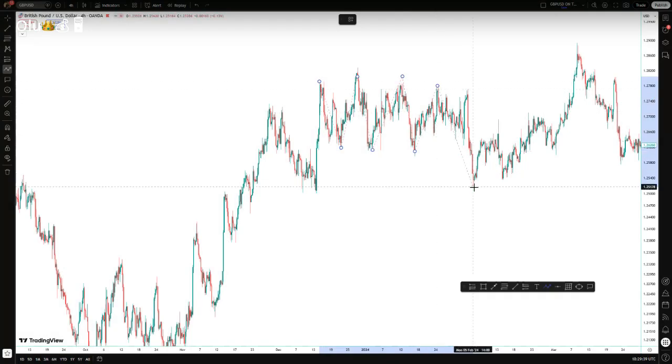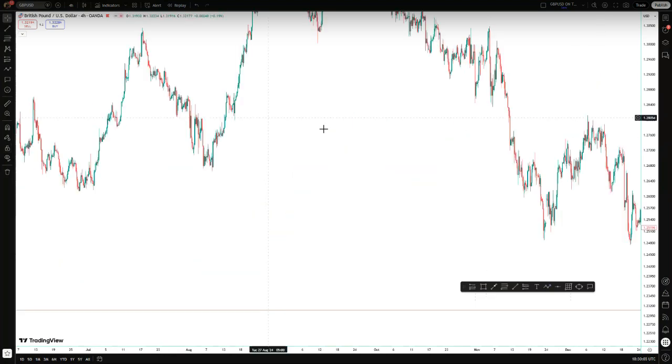In fact, it even came here to this point before it finally broke out. Here is a ranging market. It didn't know what is going on. It didn't understand itself. So now that is that about a ranging market. You see, it was just going sideways from this point to this point. It was just going a bit sideways, and then here it came back.